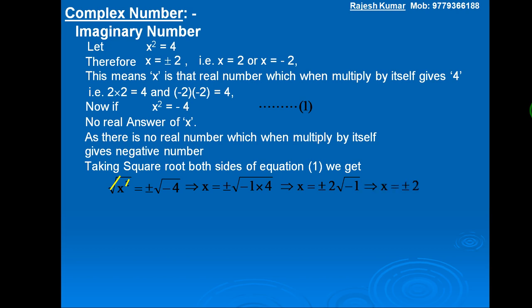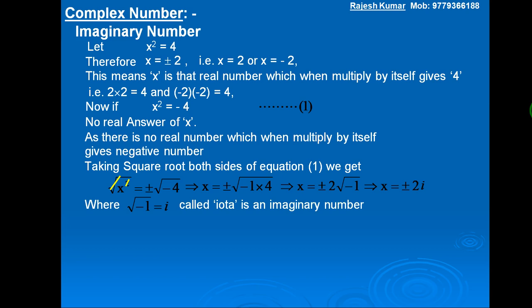This implies x is equal to plus minus 2 into iota, where under root of minus 1 is equal to iota, called iota, is an imaginary number.